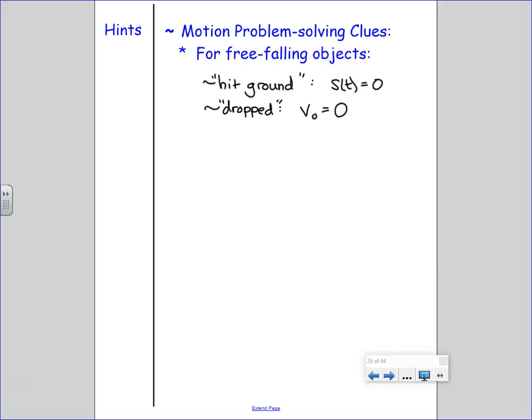This could be feet, this could be miles, I don't really know. But there's drop. Gravity for free-falling objects is your acceleration, which you might see in a formula that they try to give you, which is either negative 9.8 meters per second squared or negative 32 feet per second squared.